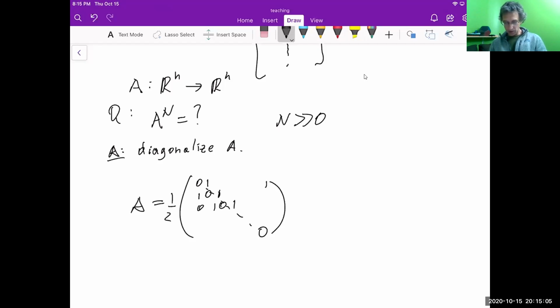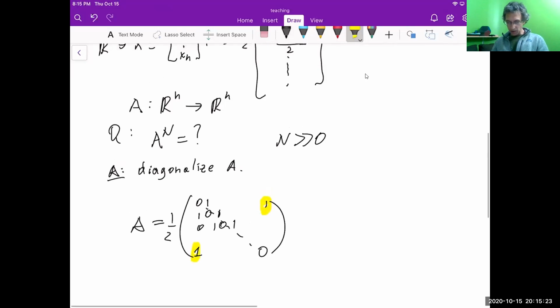What you will have is a matrix which has zeros on the diagonal, ones immediately above the diagonal, ones immediately below the diagonal, and then two more entries in the corners.